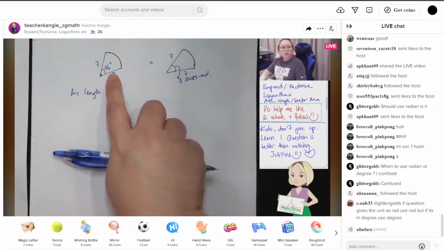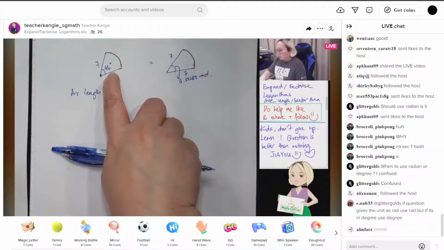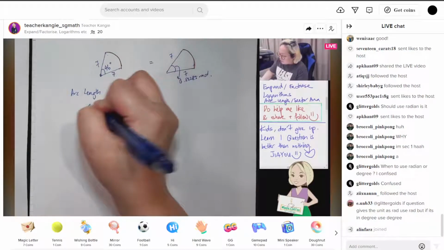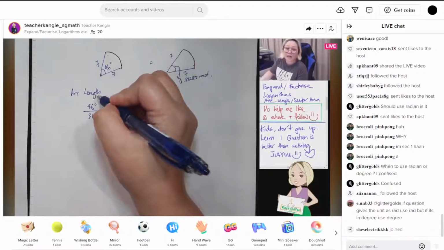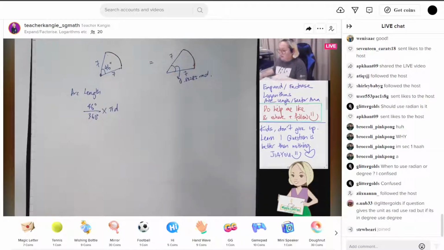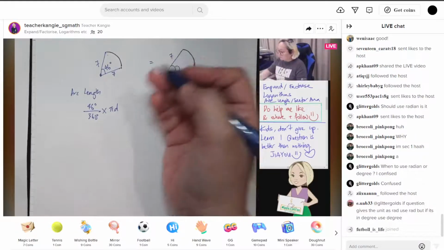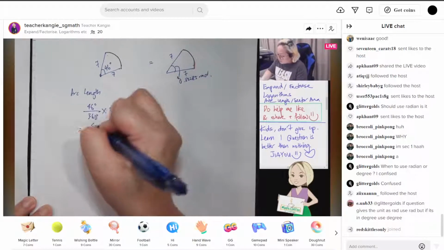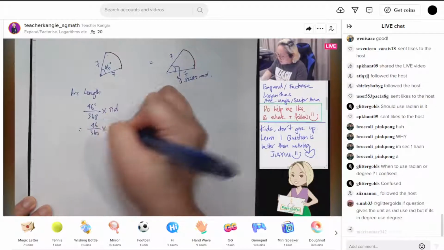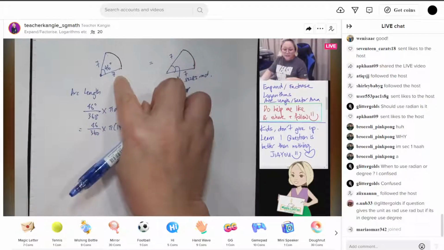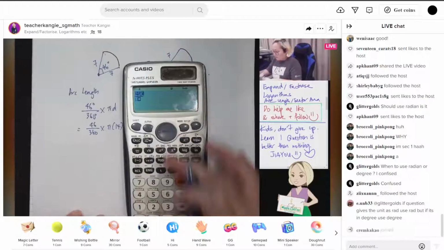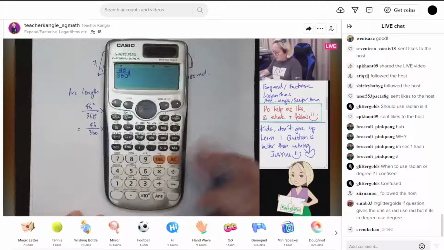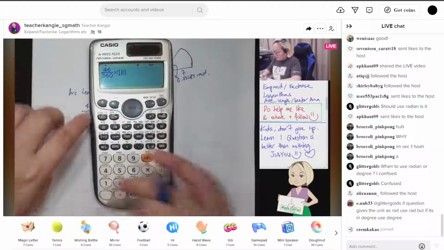If I use 46 degree to do it, I will use 46 degree out of 360 degree multiplied by pi d, because pi d is the circumference of a full circle, understand? So it's 46 out of 360 multiplied by pi times 14. Radius is 7, so diameter is 7 times 2. So I'll put 46 out of 360 multiplied by 14 pi.